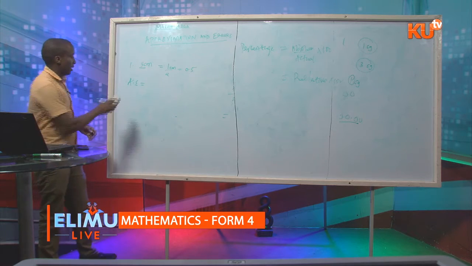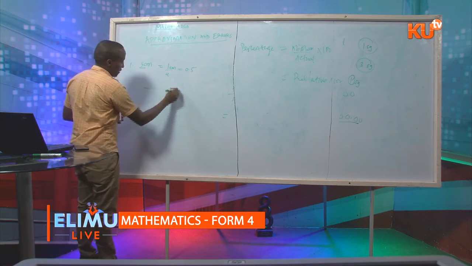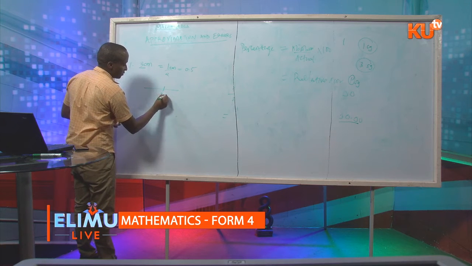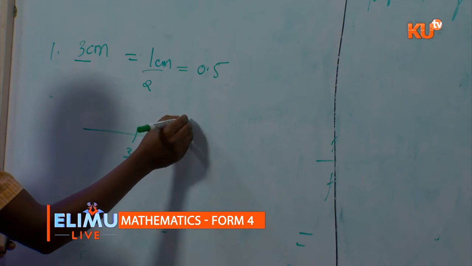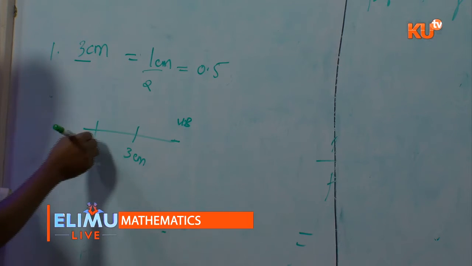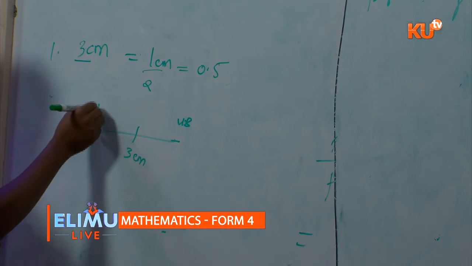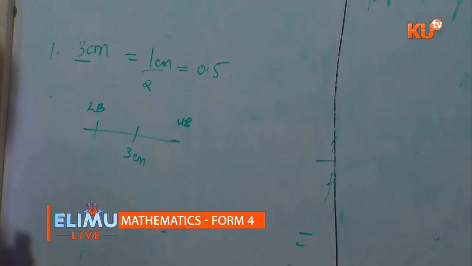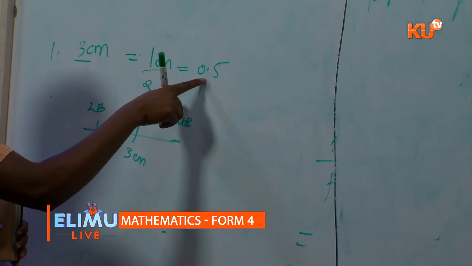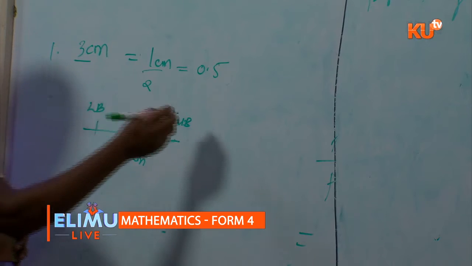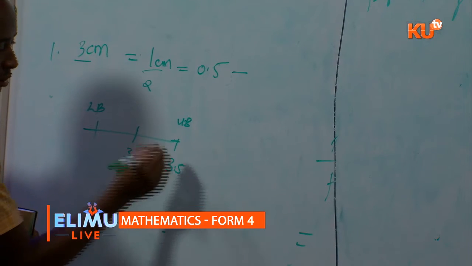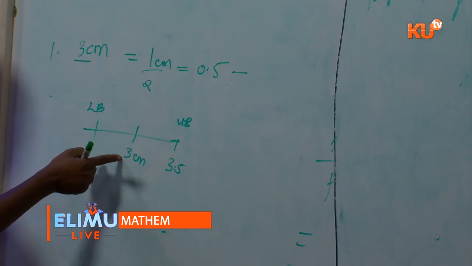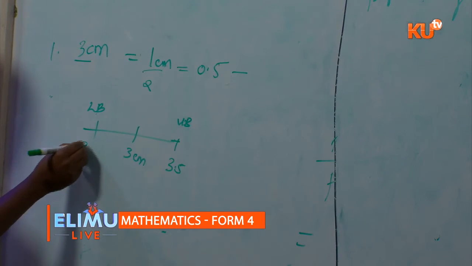So if this is the actual 3 centimeters, consider the upper bound and the lower bound. You just take 0.5 and add: if this is 3, this will be 3.5. And this will be minus 0.5, it will be 2.5.